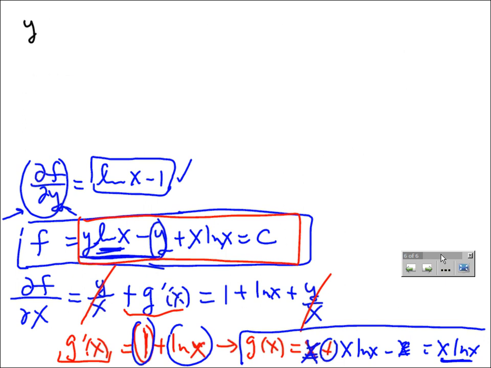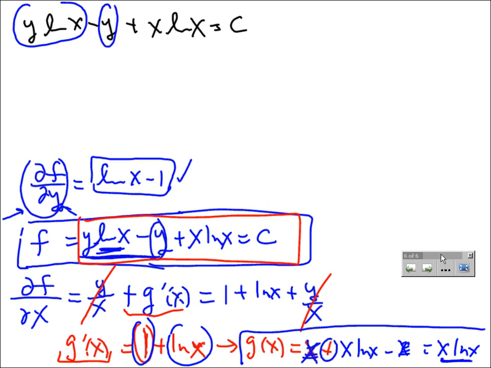I'm going to write down this solution, and I'm going to look at it a little bit carefully, and I'm going to say, yeah, this time I can solve for y. These are the three terms on the left side of the equal sign, and that's the one term on the right side of the equal sign.